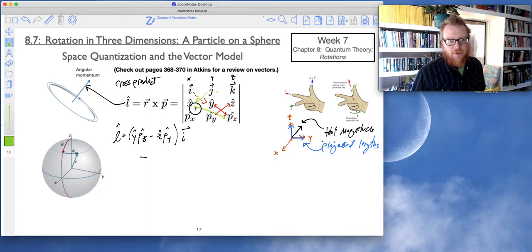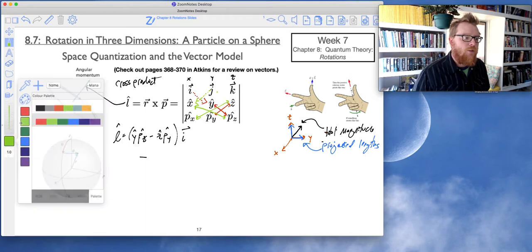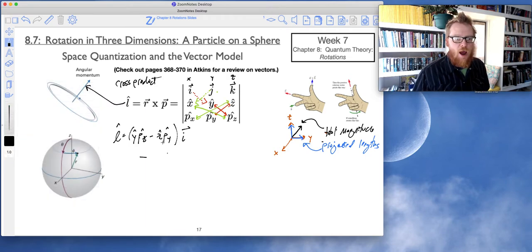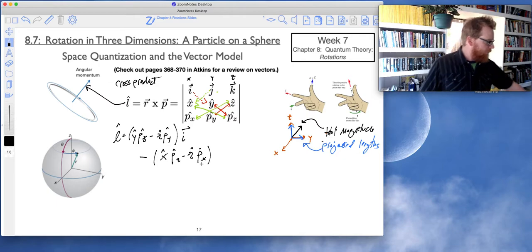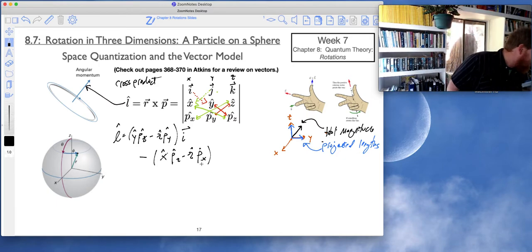That gives me x pz minus z px. For some reason, I just doubted myself for half a second, so I'm going to verify that I did that correctly.